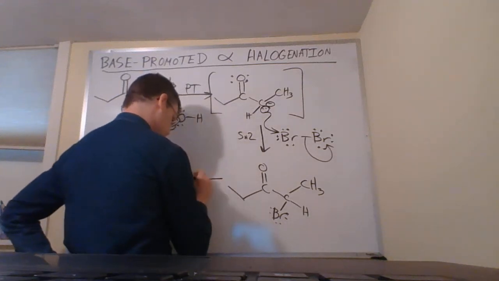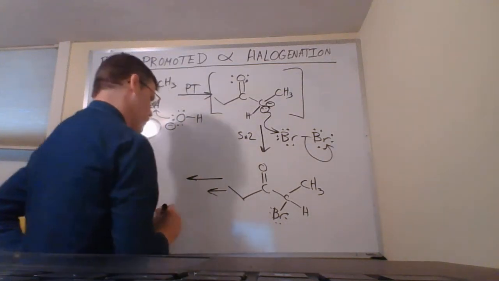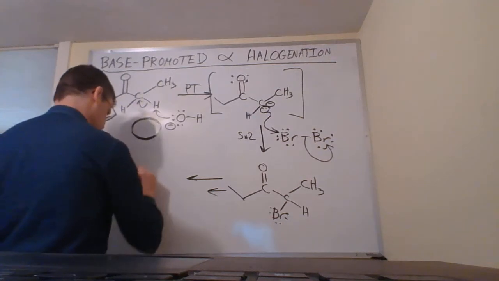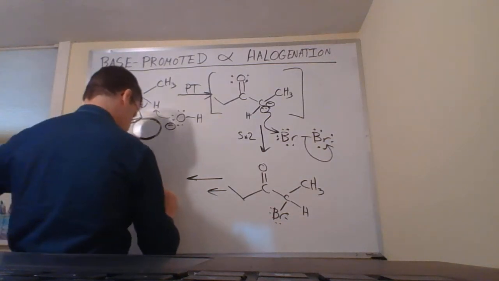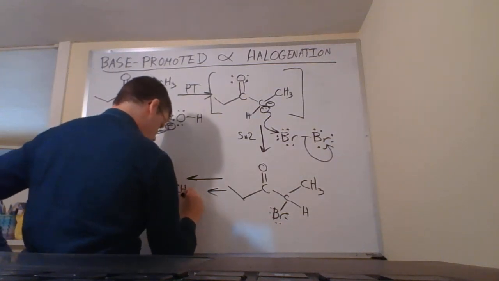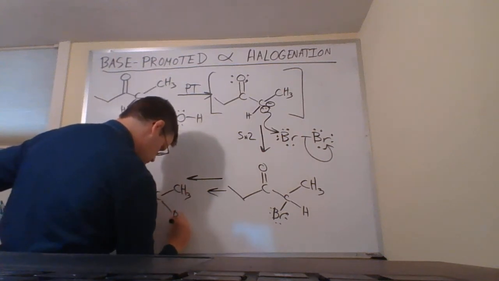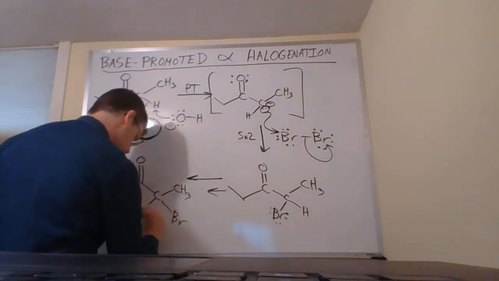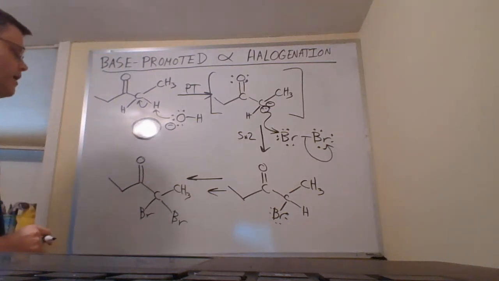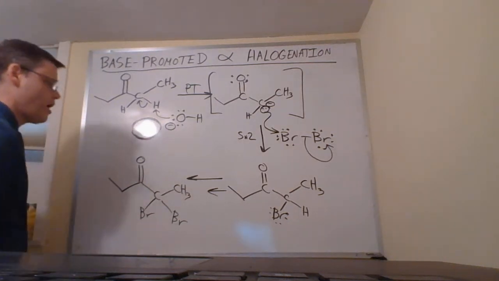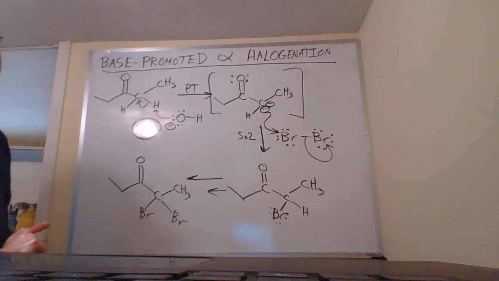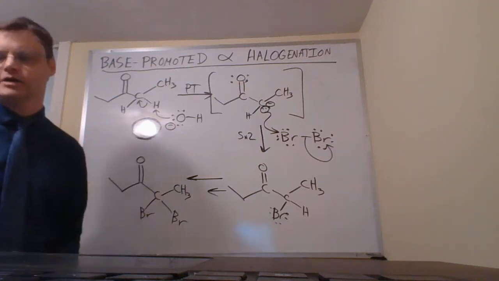And so this is likely going to continue on until all those alpha hydrogens on that carbon are gone. And so this forms the basis of what's known as the haloform reaction.